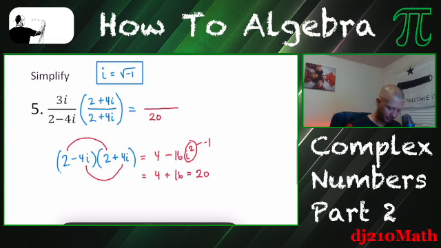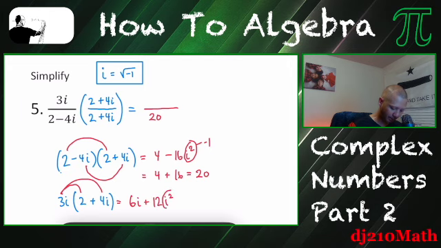The numerator, however, is going to be 3i times 2 plus 4i. We're just going to distribute. So 3i times 2 is 6i, and then 3i times 4i is plus 12i squared. Again, i squared is -1, and I know that's going to change the sign to a negative.